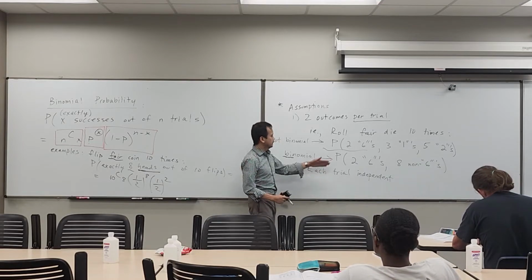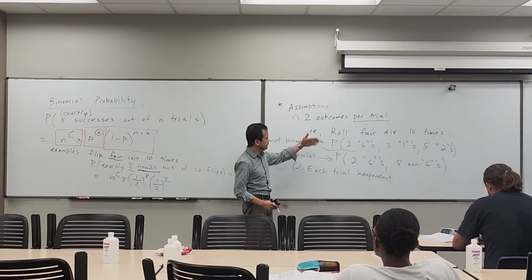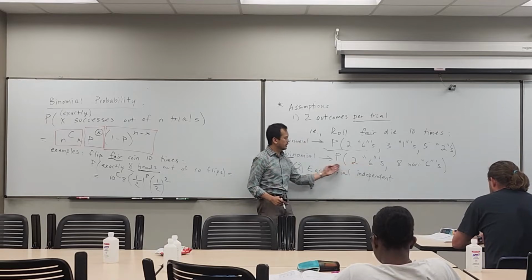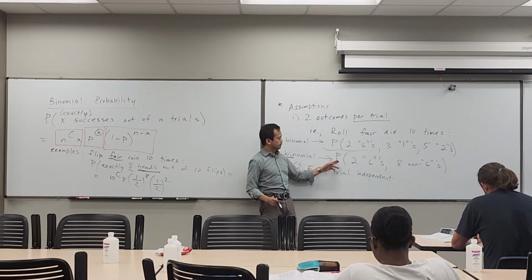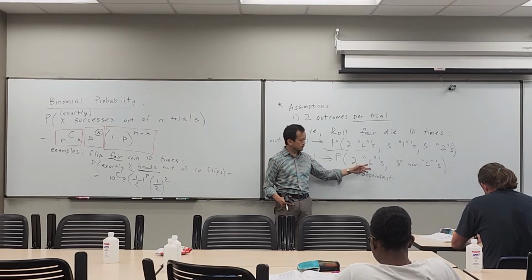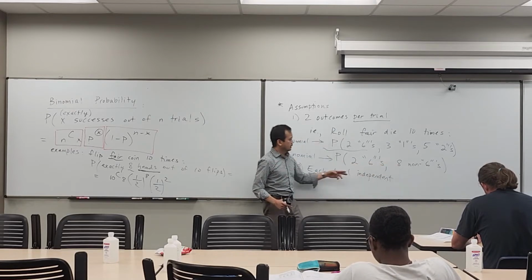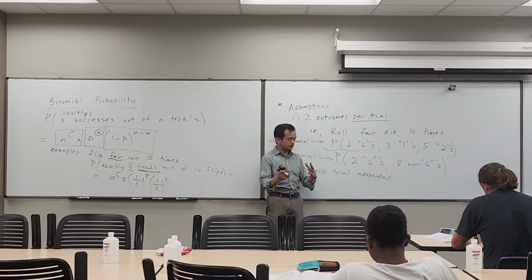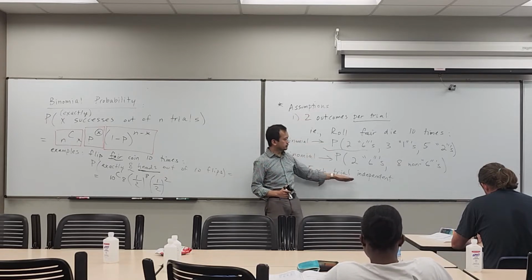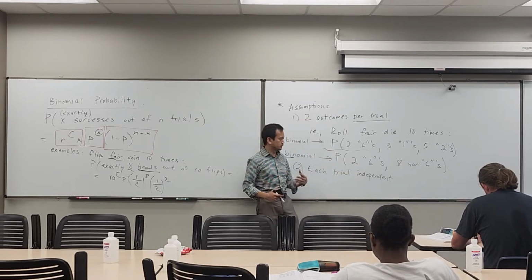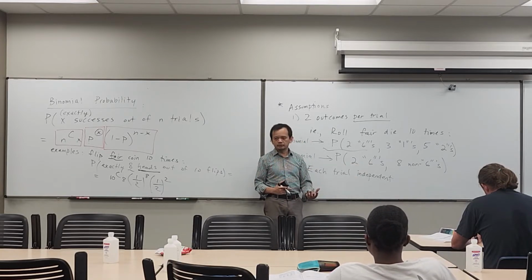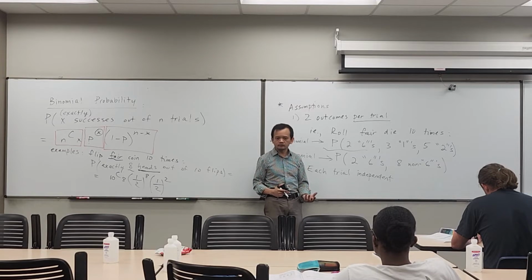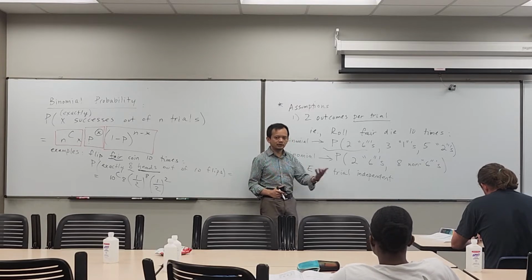So in this example, we had trials that were independent. Let's look at this case where we said we could use the binomial probability formula. If we want the probability that you roll 2 sixes and 8 non-sixes, then again, there's success and non-success, so 2 outcomes per trial. But also the trials are independent, because if you roll a 6 on one roll, what's the probability of that roll being a 6? 1 out of 6.